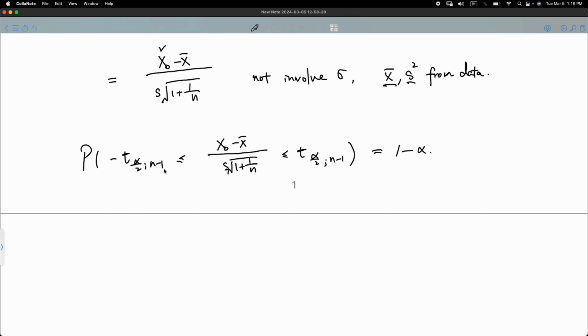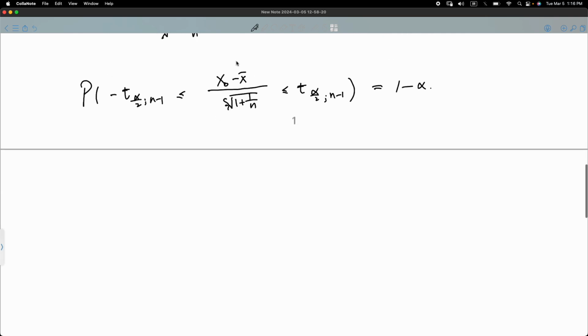And then you can just move around the terms inside the parentheses, and then you will get the confidence interval. So the confidence interval for x0 is x bar plus and minus the quantile from the t distribution multiplied by the standard error.